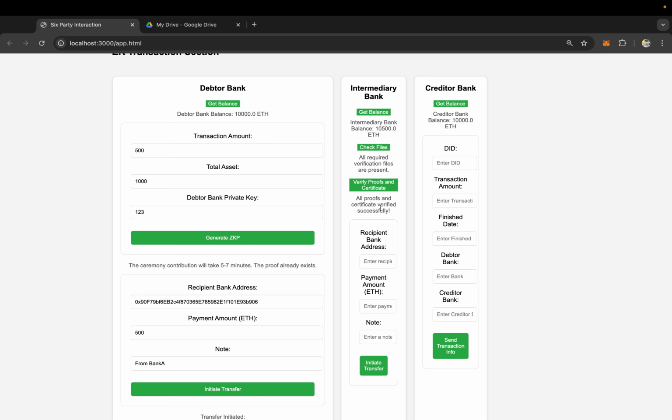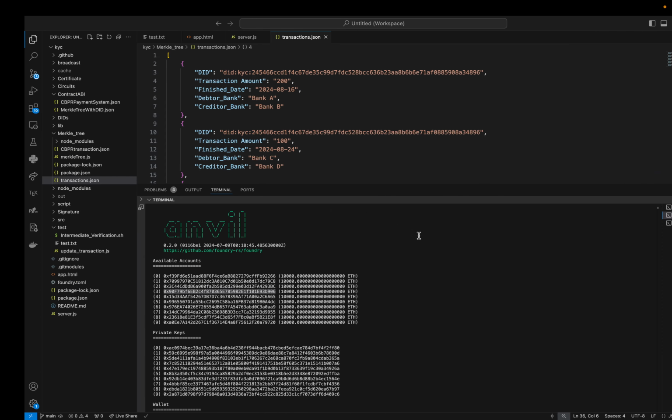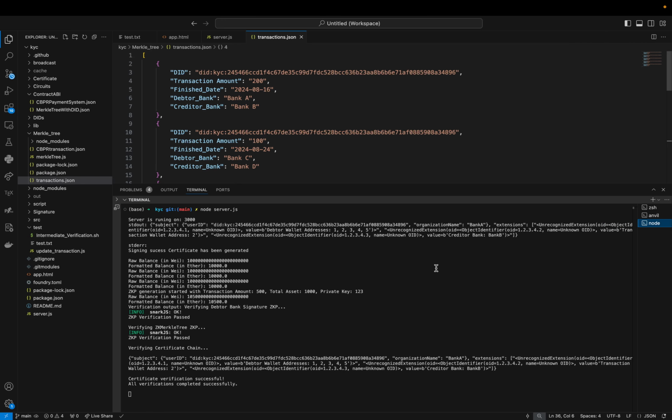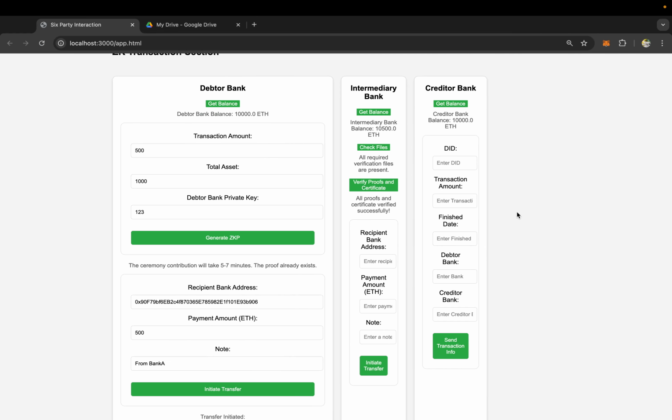All proofs and the certificate verified successfully, and on the server we can see that the first zkP file is the debitor bank signature zkP, passed. They acknowledge the Merkle tree zkP also passed, and the certificate chain building and verification was successful, which means two zkPs and the certificate passed the verification.